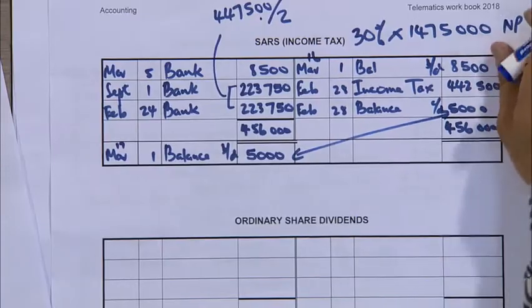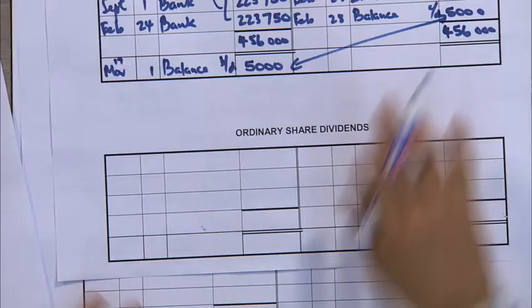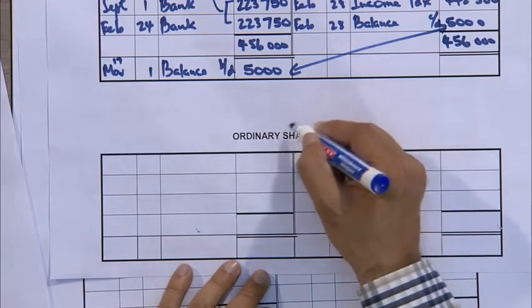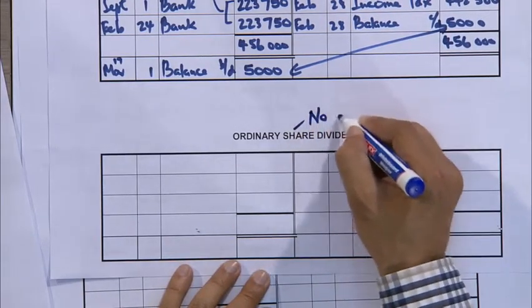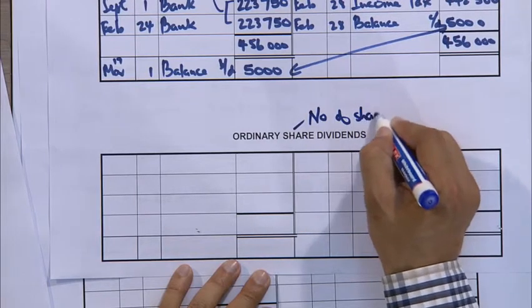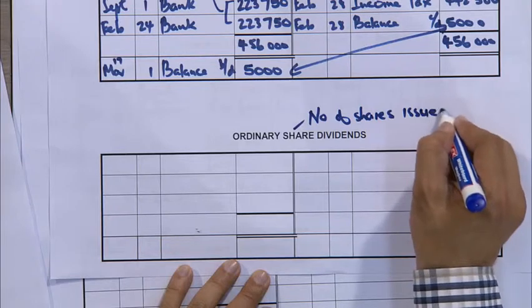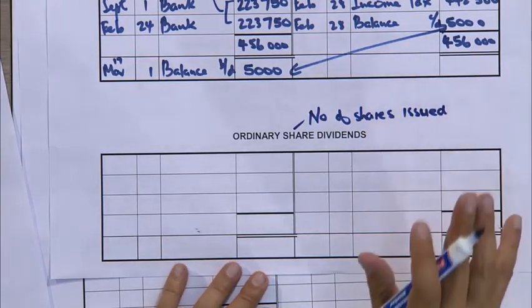But then the next account that they want us to do is the ordinary share dividends account. What's very important here is that I need to know the number of shares issued, so that I can determine the dividend, because the question will always tell you so many shares were issued and a dividend was declared at so many cents per share.